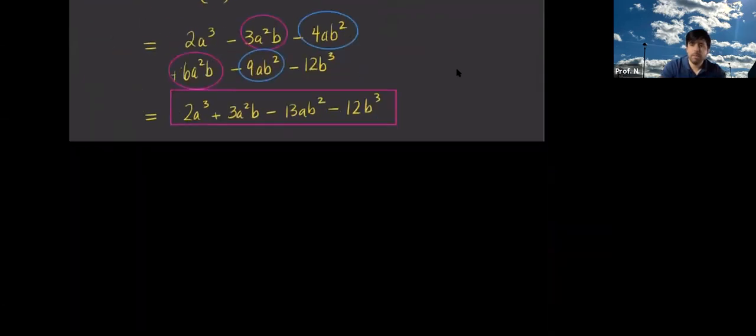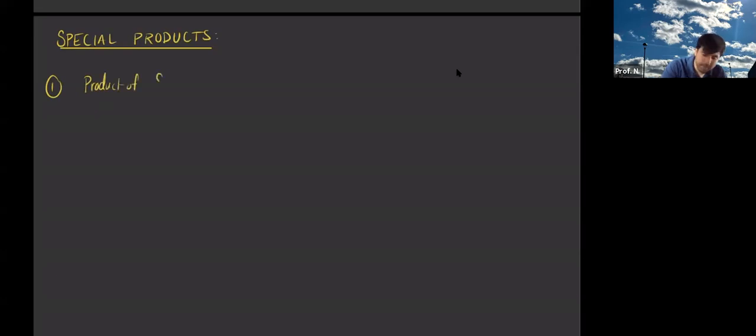Okay, so then I'm going to do special products. There are certain multiplications between binomials that are special, quote unquote. One of those special products is called the product of the sum and difference of two terms.